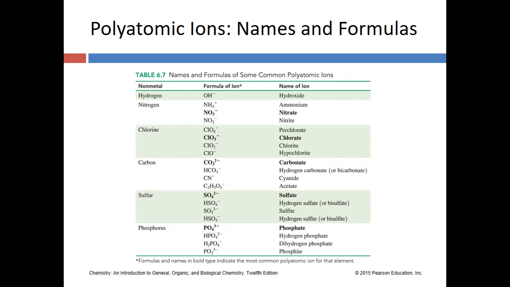From there, the structure is exactly the same. We name the metal. We name the non-metal, or in this case, the polyatomic ion. And we put the two names together. That's the name of the compound.